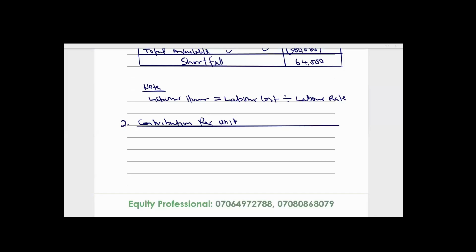So in this case, our contribution per unit will be fixed cost plus profit. You then do it for each of the products A, B, C, and D. So fixed cost per unit of product A is what?